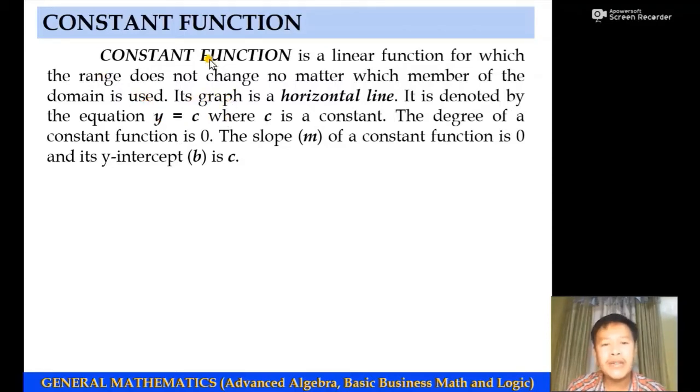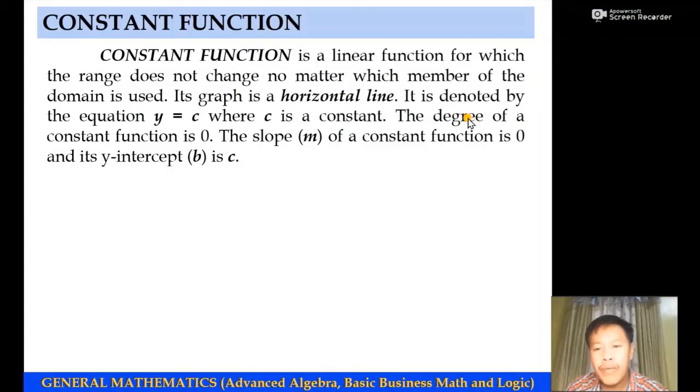The graph of this constant function is a horizontal line, and it is denoted by the equation y is equal to c, wherein c is a constant. The degree of a constant function is 0. What do you mean by degree?